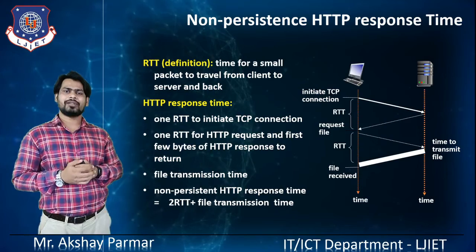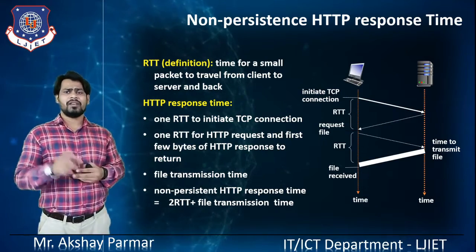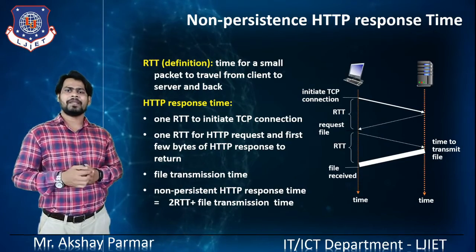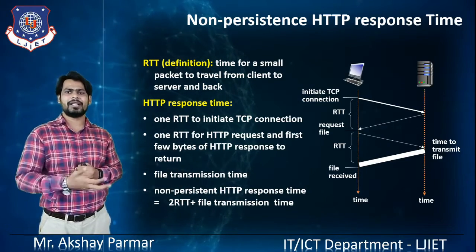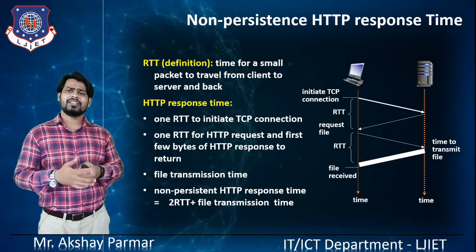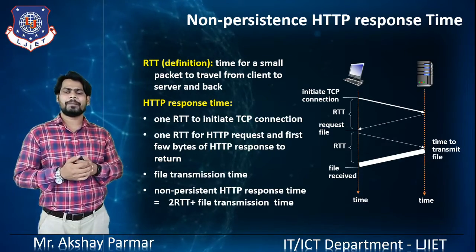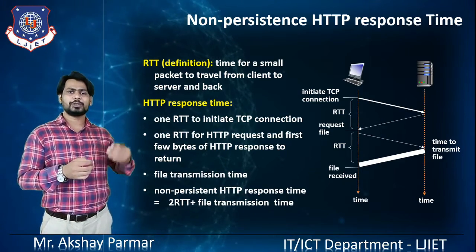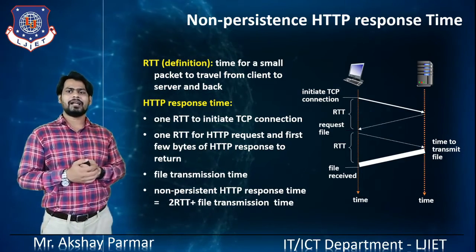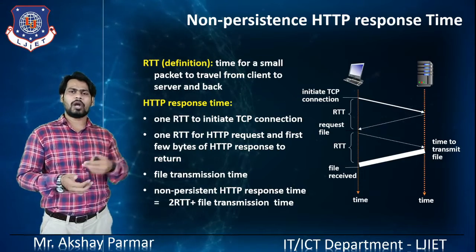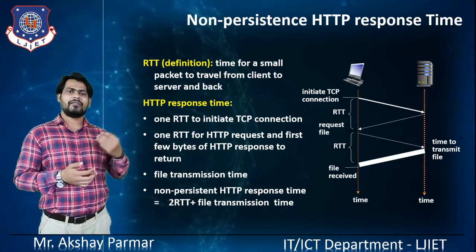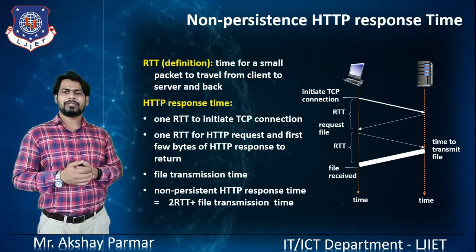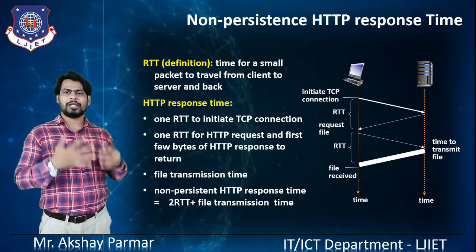So the total HTTP response time: one round trip time is to initiate the TCP connection, right? And another round trip time is for the HTTP request and the first few bytes of the HTTP response to return. That's how you get 2 round trip times. After that, the file is transferred from the server to the client, so the file transfer time is also there, right?